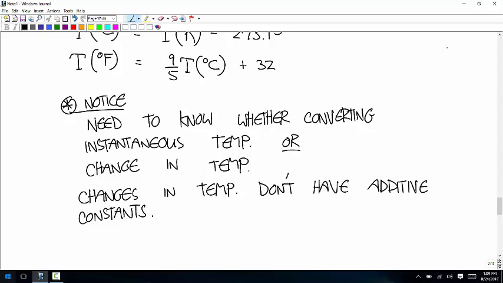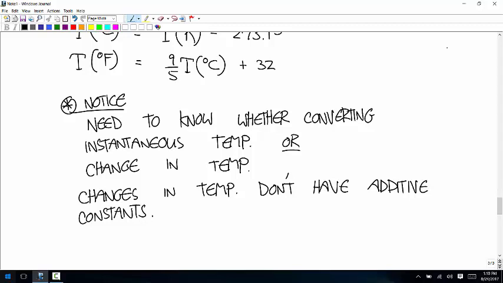And that's because, well, let me just give an example to show why it works that way. The scale of the Celsius scale is the same scale as the Kelvin scale, right? So if the temperature in a room increases 5 degrees Celsius, it also increases 5 Kelvin.